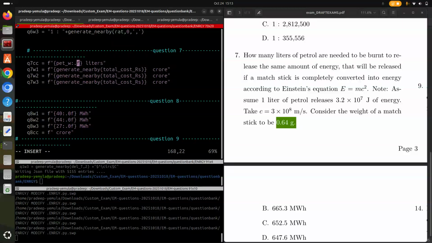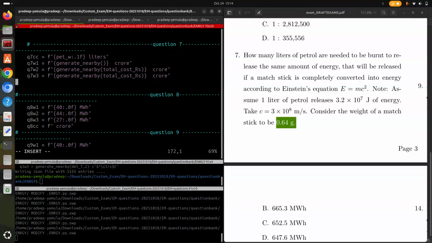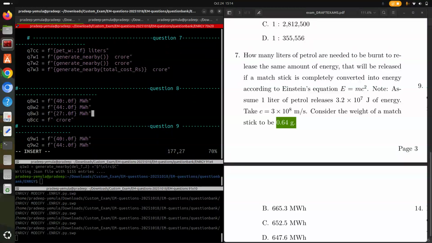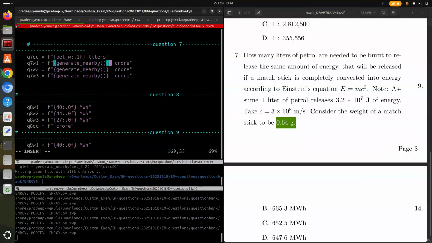Let's keep one decimal. That's the old one, anyway, because I had only six questions. This eighth one is just a dummy. I already had question seven, and question eight we are not using. Actually, I can add one more question, so it is just an unused thing.